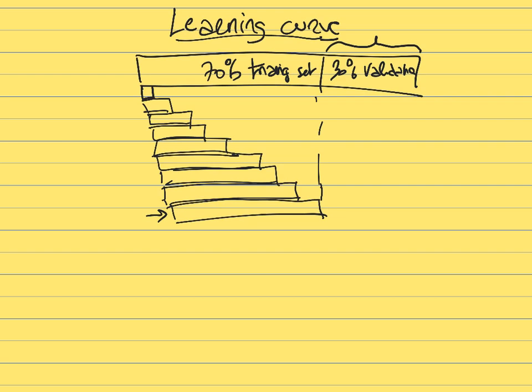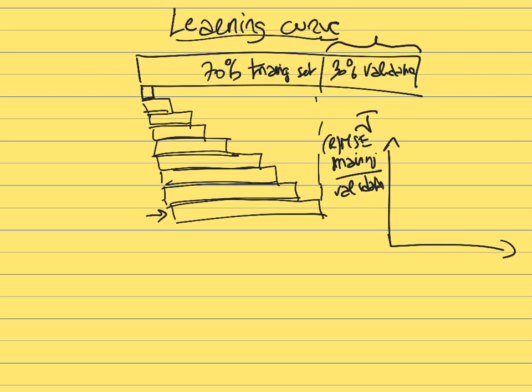This plot is going to show the error function, which we typically write as J. You will calculate either the MSE or the RMSE, for the training set and also for the validation set. You will plot those two as a function of the size of the training set that you are using.